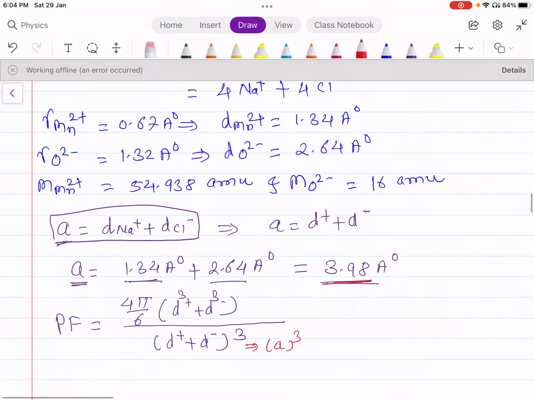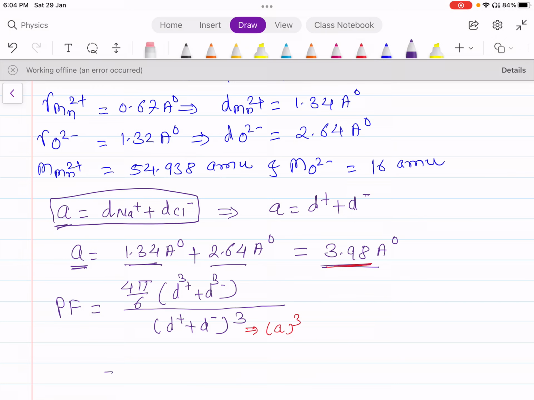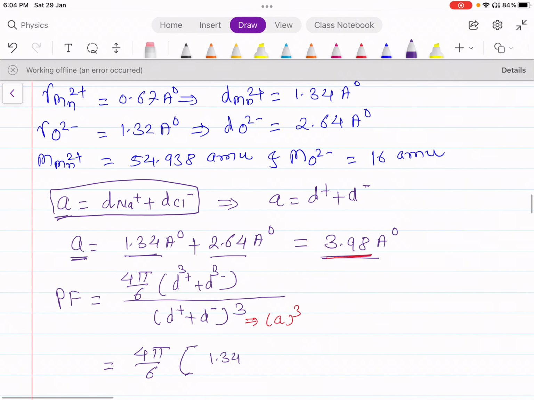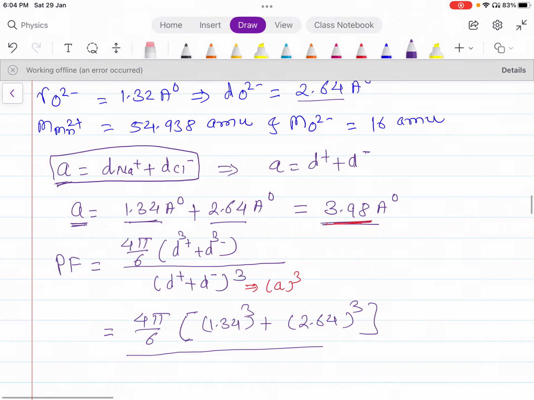Therefore, 4 pi by 6, in the bracket, diameter of positive ion 1.34 cubed plus diameter of negative ion 2.64 cubed, bracket complete, divided by a cube, which is 3.98 angstrom. Of course, all are in angstrom, so that is the cube of that.